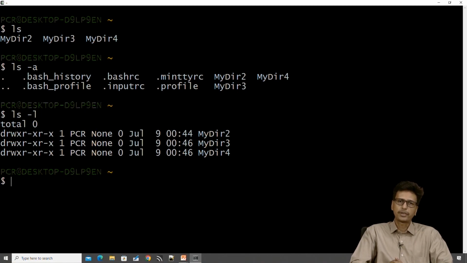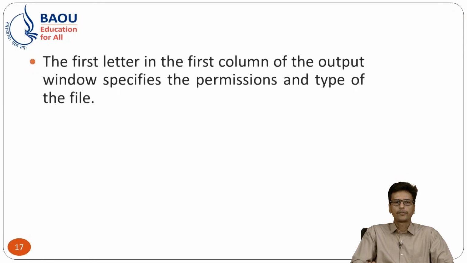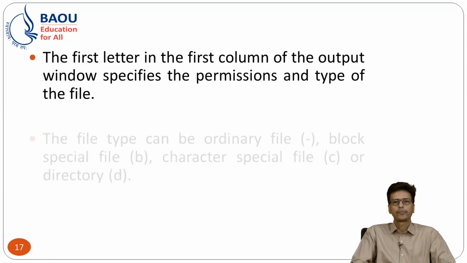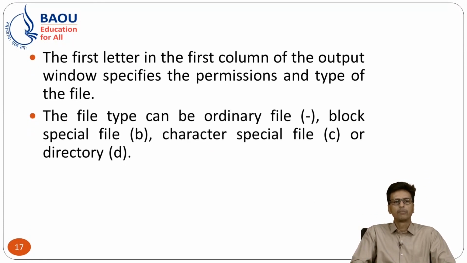As in the previous session, we discussed types of file: basically 3 types, that is ordinary file, directory file and device file, right? If the file is an ordinary file, it is represented by the dash sign. If the file is a directory, it starts with d, right? If it starts with b, then it is a block special file. If it starts with c, then it is a character special file, right?